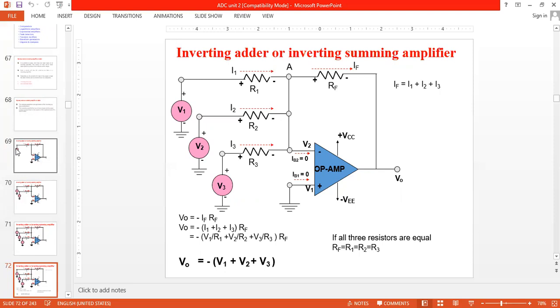By simplification, if the resistances RF, R1, R2 and R3 are all the same, the output V out is equal to minus of V1 plus V2 plus V3.